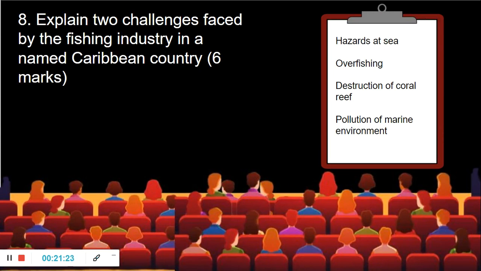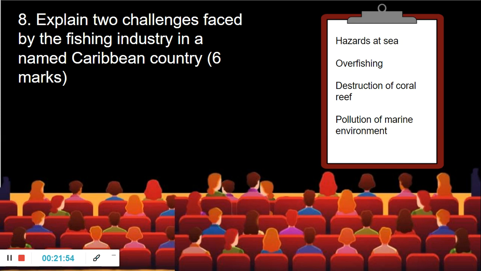Number 8 says explain two challenges faced by the fishing industry in a named Caribbean country. All right. That's 6 marks. Two challenges, 6 marks. Maybe the distribution of the marks might be 3 marks for each of the challenges that you choose to talk about.